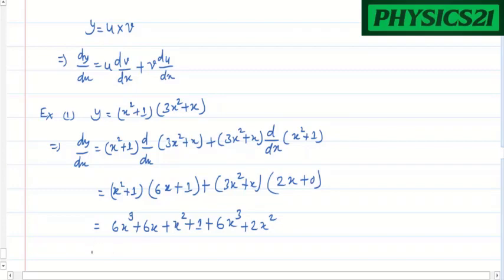Now we can further simplify it: 6x cube plus 6x cube is 12x cube, 3x square plus 2x square is 5x square, then 6x plus 1. Such problem.